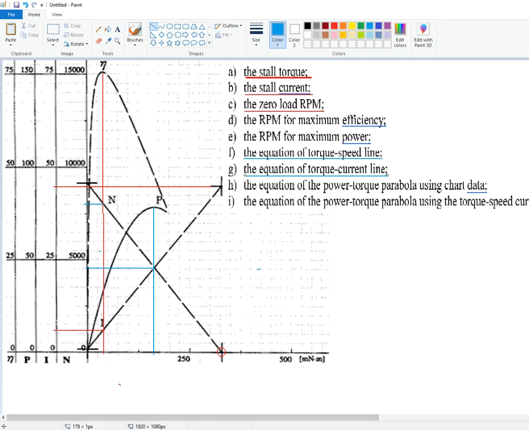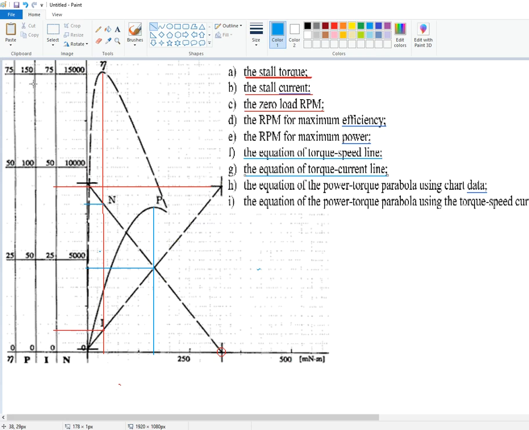You write down the pixel numbers here, and then you can convert from pixels on the figure to units of power and of torque. If it's helpful, you can also flip and translate the image so this origin is 0, 0.